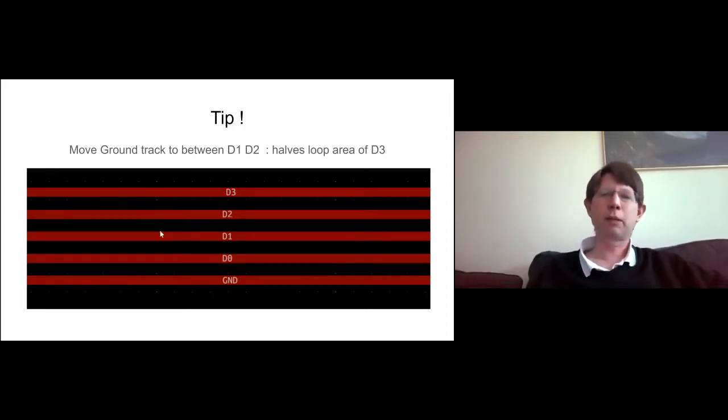Within the same amount of space here, if we shuffle the tracks around and we put the ground track down the middle, both D1 and D2 would have the smallest area, and D3 and D0 would have slightly bigger areas. So we have improved our loop area.